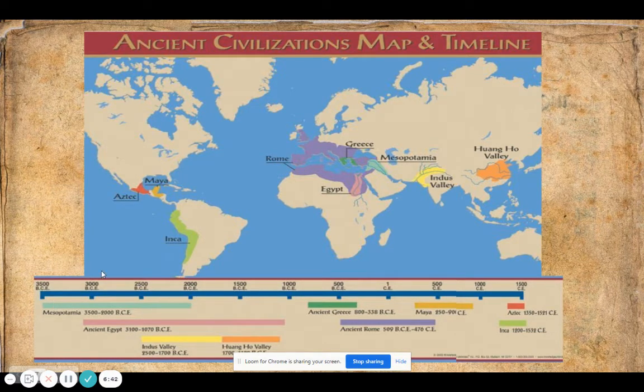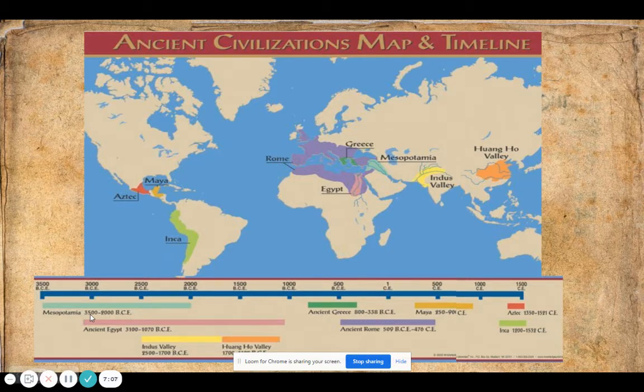However, when we look at these four river civilizations that we are studying this year, we can go back to the earliest one, which was Mesopotamia. So we'll be starting with early man and moving on to Mesopotamia as the first major river valley civilization. On this timeline, we're showing that Mesopotamia was in existence from 3500 BC to 2000 BC.